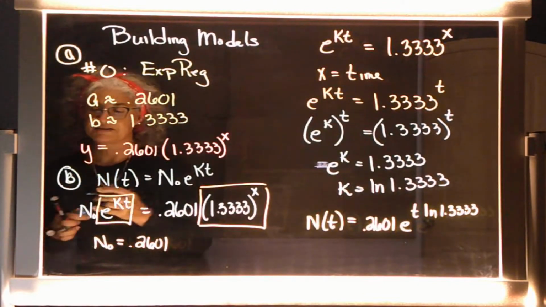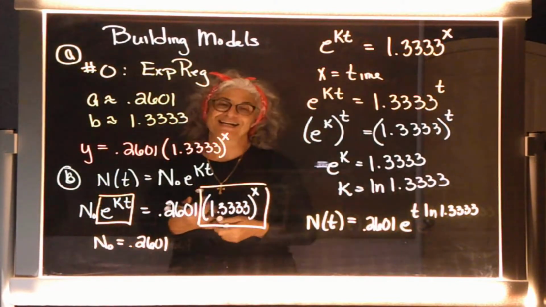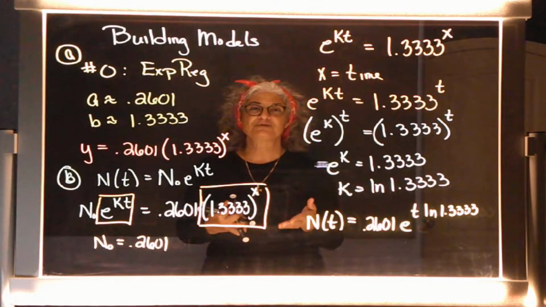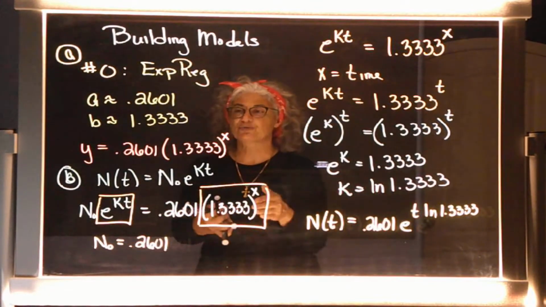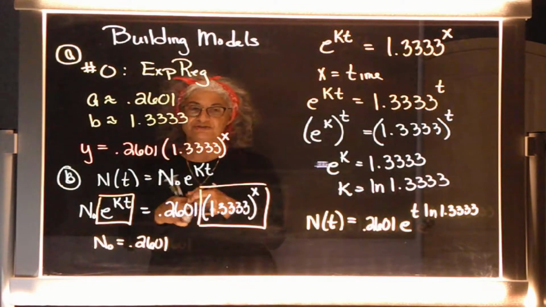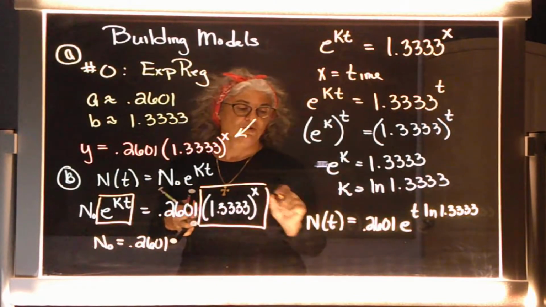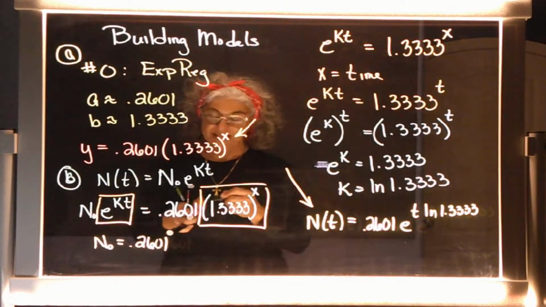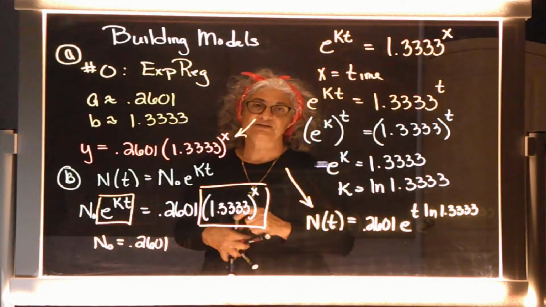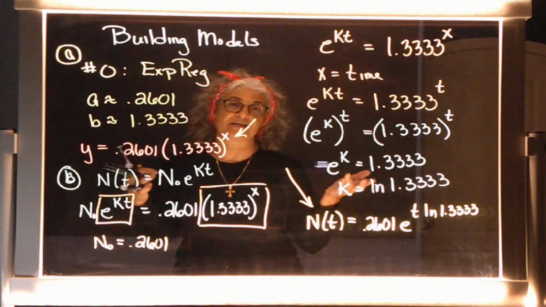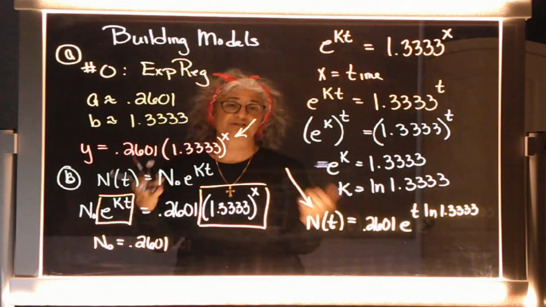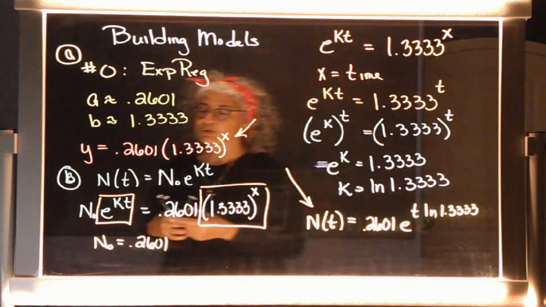Part D wants you to actually graph. Part D wants you to take all the data and graph it with either this function or this function. And it doesn't matter which one you graph it with, you're going to basically get the same graph because these two functions were supposed to be equal to each other, weren't they?